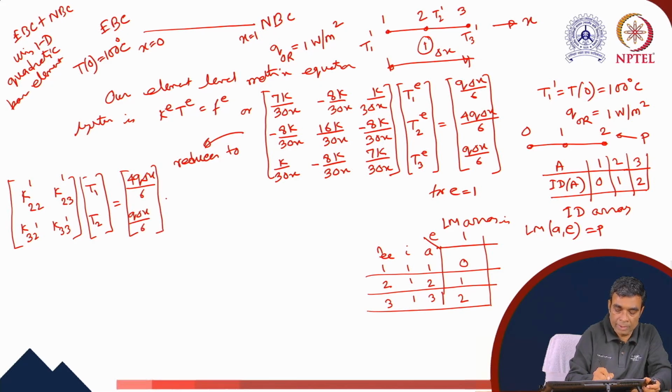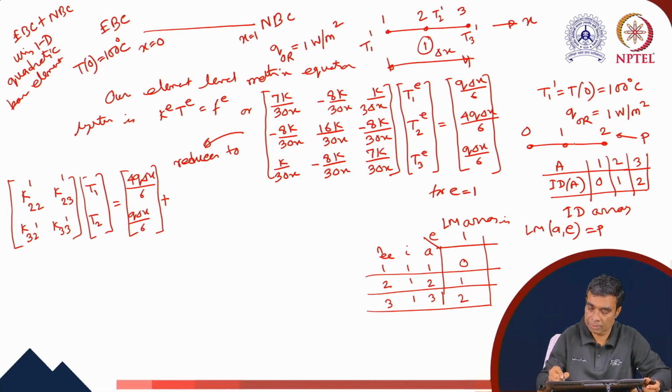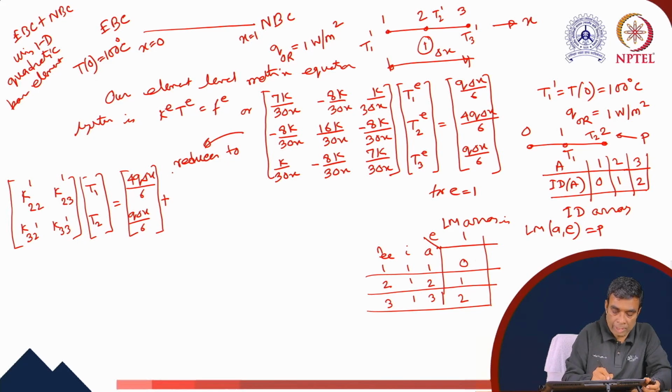This is the load vector contribution from the source term. The temperatures at global nodes 2 and 3, these are T1 and T2, are the unknown quantities. Then we have the contribution from the flux boundary condition, or NBC. At the second node, no contribution. The full contribution is given to the third node, that is Q0R.